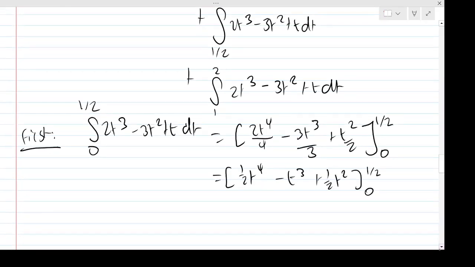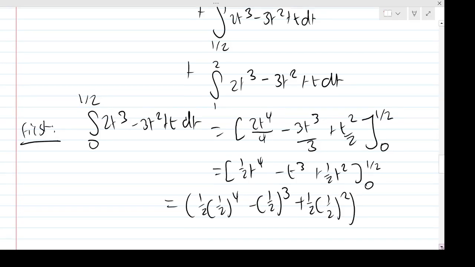And okay, so then we plug in our limits. So it's going to be a half of a half to the 4 minus a half cubed plus a half of a half squared. And then I'm going to sub in 0.